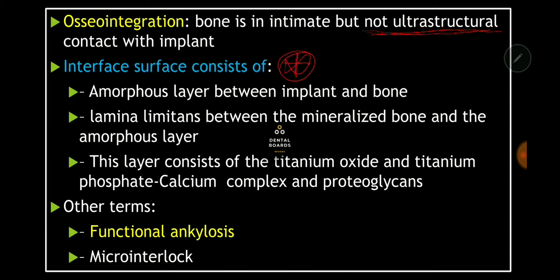Afterwards there comes a layer of titanium oxide and titanium phosphate calcium complex with proteoglycans. And the other terms, as we discussed, are functional ankylosis and micro interlock. High yield slide here that you're supposed to know.